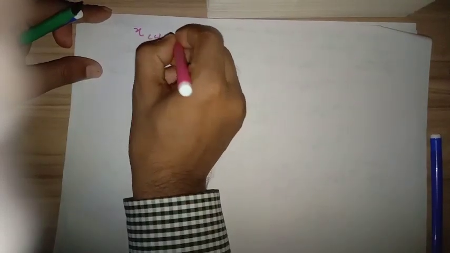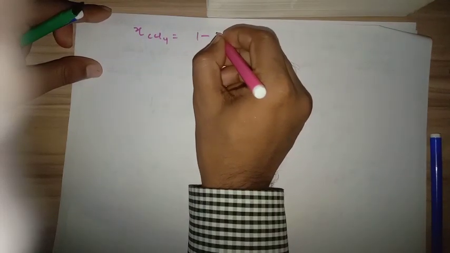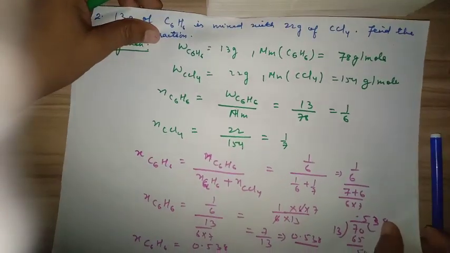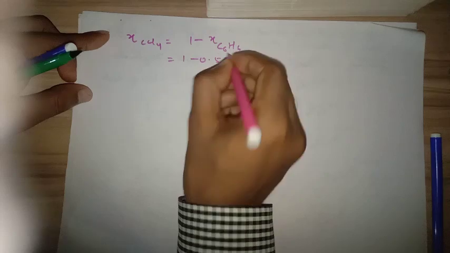So if you want to find the mole fraction of CCl4, it will be 1 minus the mole fraction of C6H6, and that is 0.538. So it will be 1 minus 0.538.